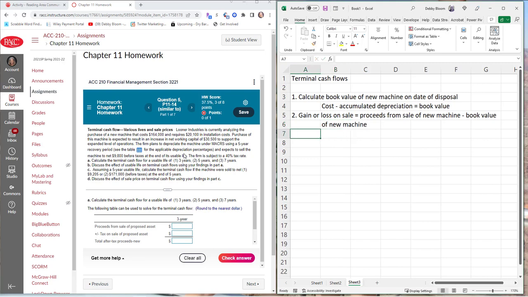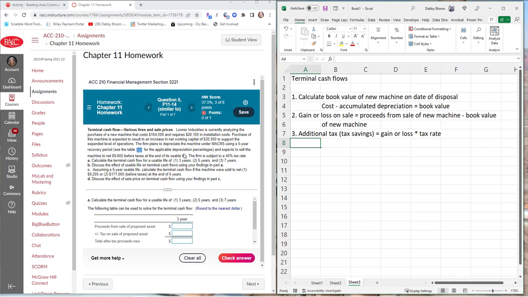In step 3, we're going to calculate the additional tax, or the tax savings. We're going to take the gain or loss and multiply that by the tax rate.